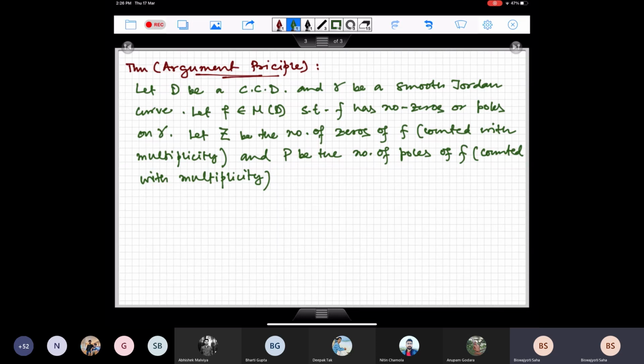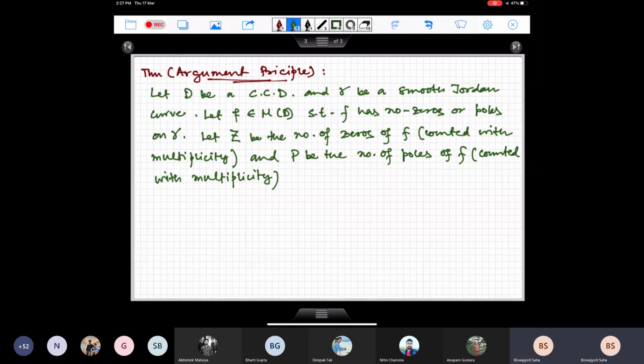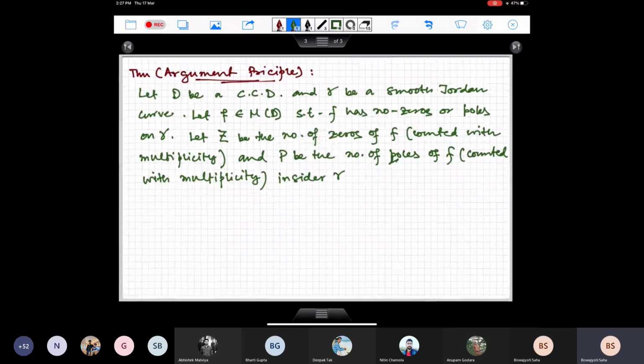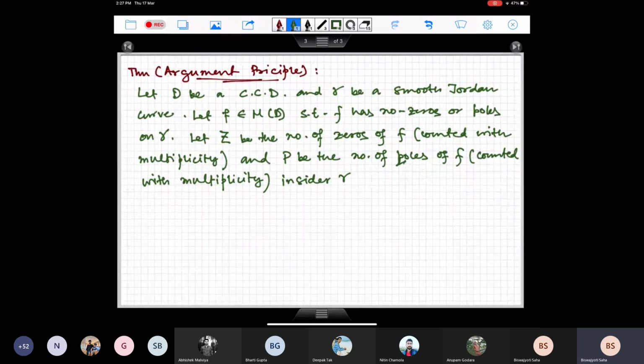So Z is the number of zeros of f, and P is the number of poles of f inside gamma. So all these poles and zeros are lying inside gamma, or you can say, encompassed by gamma.